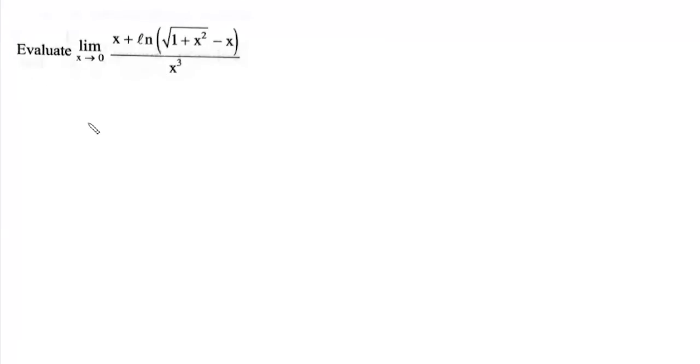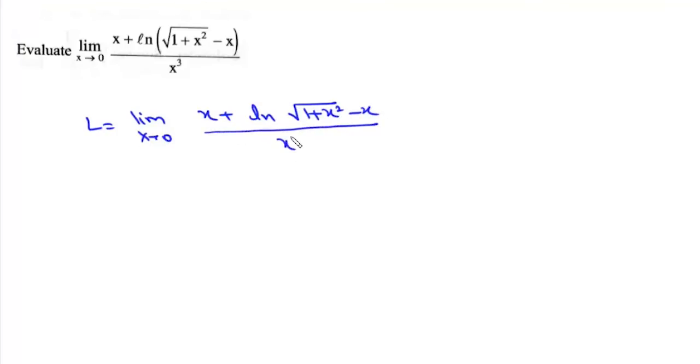Now the question is, we need to find this limit x tends to 0 of x plus log under root of 1 plus x square minus x, whole divided by x cube. Now for this question, we'll take this under root of 1 plus x square minus x as some y.